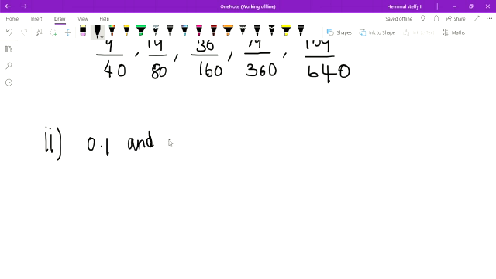We do not use this formula. How do you find the rational numbers? We know that after the decimal point we can add many zeros. So here we have one digit after the decimal point. Here we have two digits.